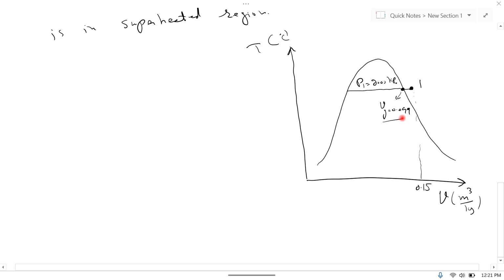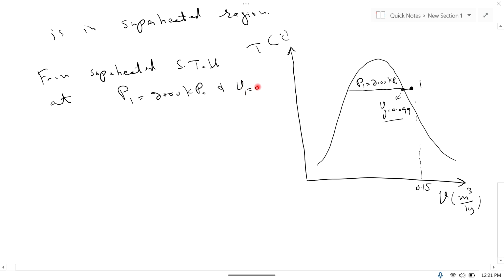Now we will find T1 from superheated steam table. So from superheated steam table, at pressure P1 is equal to 2000 kilopascal and V1 is equal to 0.15 meter cube per kg, find T1.